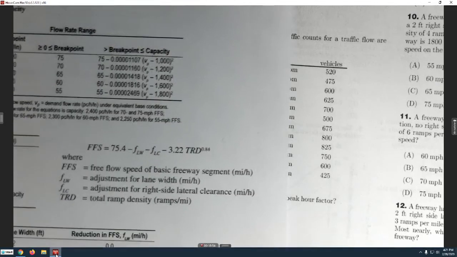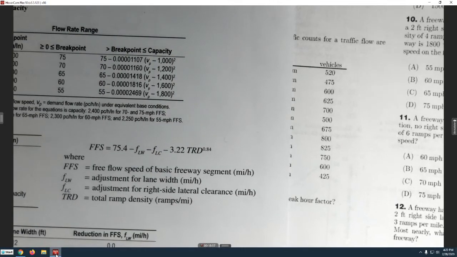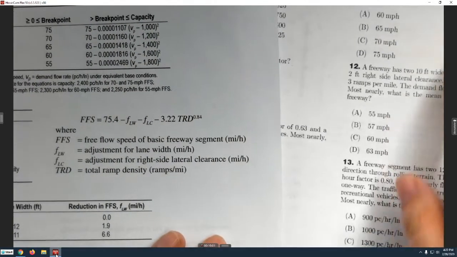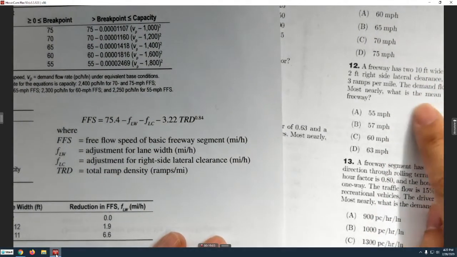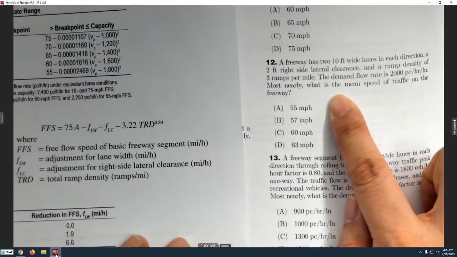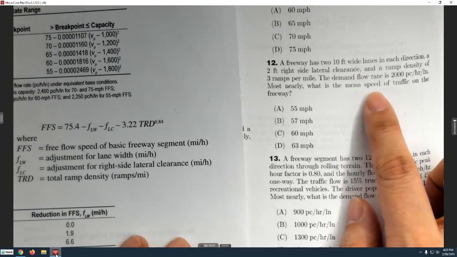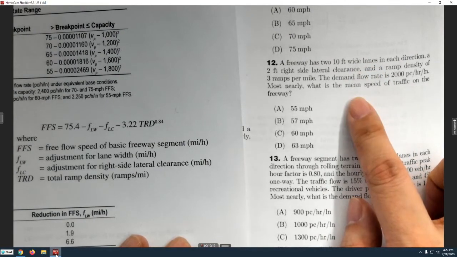The only thing different is that instead of asking for the free flow speed, question 12 asks for the mean speed of traffic. So we first do the calculation for free flow speed for this question as in the previous ones. You're going to get a free flow speed of 58.3.